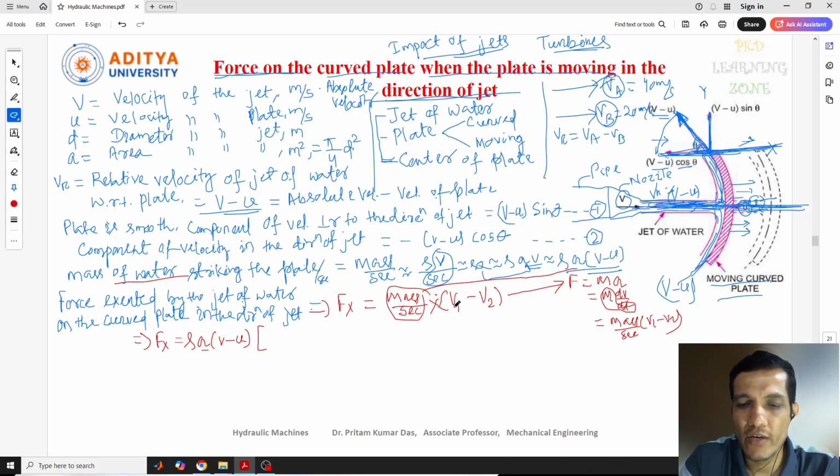The initial velocity v1 is the velocity with which the jet strikes the plate in the direction of the jet, so v1 equals v minus u, and we subtract the final velocity. This can also be written as v1x minus v2x, where v1x is the initial velocity before striking.